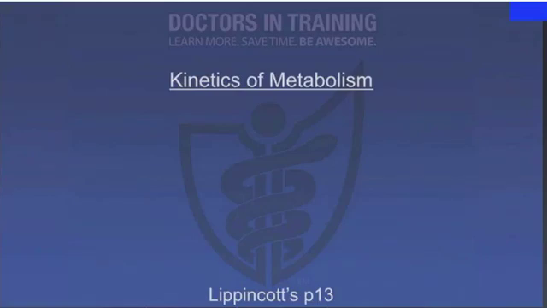We're going to talk a lot about the kinetics of metabolism. And this is where we get into some of the math, and I don't want you to panic about this stuff. These kinetic formulas, these kinetic equations are important for drug metabolism, and they're important for enzyme kinetics, and they're important for receptor kinetics.